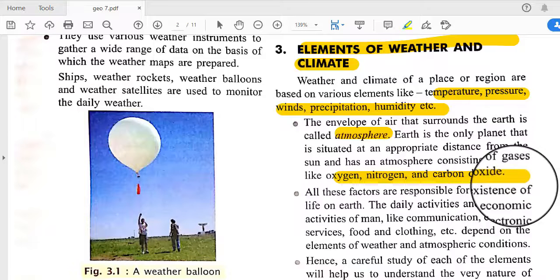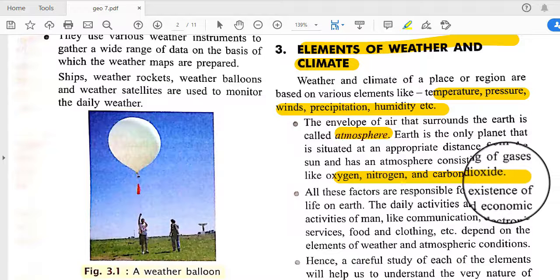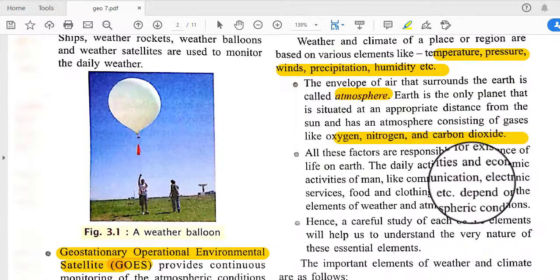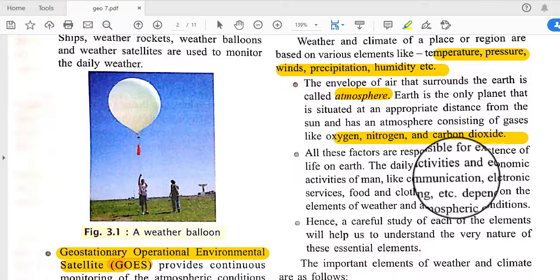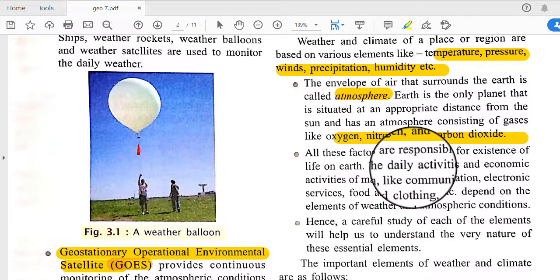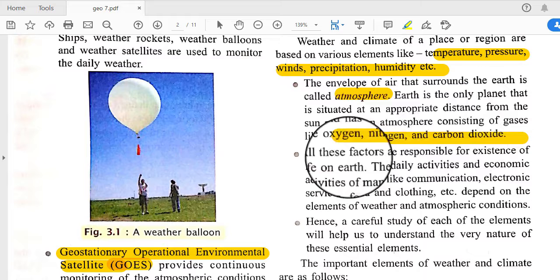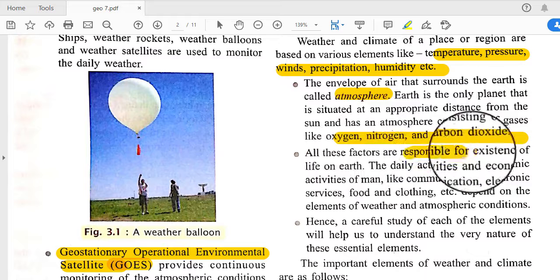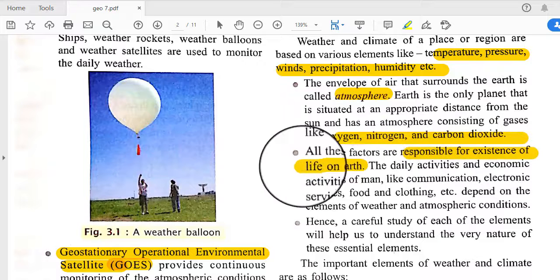So only earth has the atmosphere, and there are various gases like oxygen, nitrogen and carbon dioxide, and these are very helpful for human beings or living organisms. All these factors are responsible for the existence of life on earth.